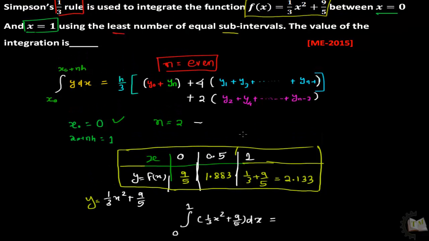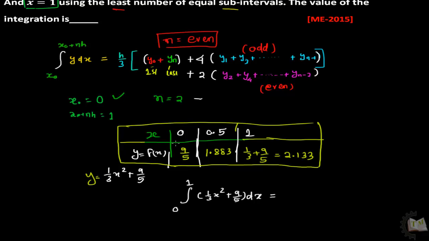Now put the values. This formula is also the same as the trapezoidal rule. The little difference is that y0 is the first term and yn is the last term, and y1, y3 are the odd part, and y2, y4 are the even part.